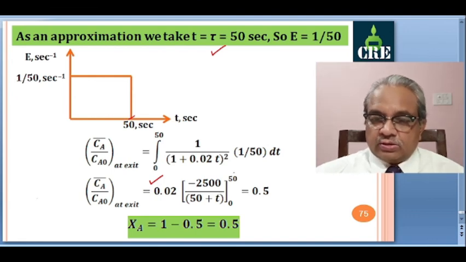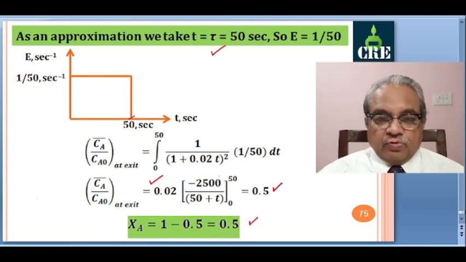So you can solve this, and after substituting the limits from 0 to 50, we get this value and multiplied by 0.02. Finally, we get Ca by Ca0 as 0.5. So Xa, or you can write it as Xa bar also, will be equal to 1 minus 0.5, that is 0.5. So conversion is 50%.